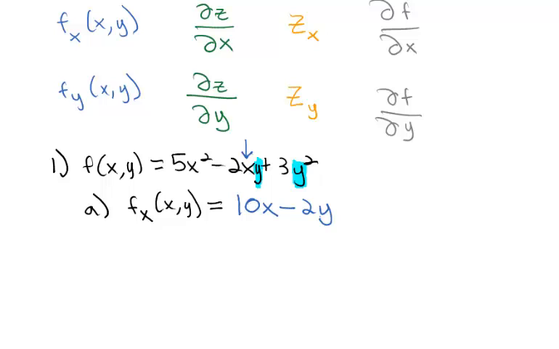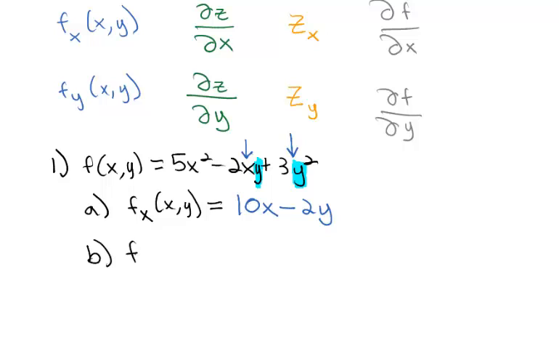Well, multiplying by 1 is not going to change it. The next term, the 3y squared, remember the y we're treating like it's a number. We've got a number times a number squared. There's no variables. This is just a constant number. Well, the derivative of any constant is 0. So that falls out, and we have the partial derivative of f with respect to x is 10x minus 2y.